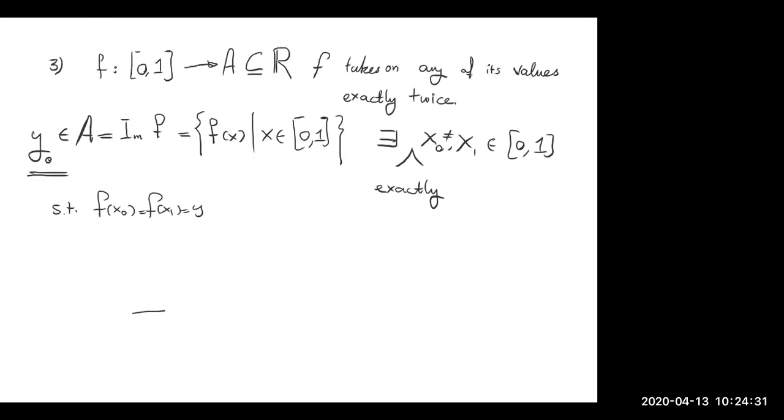So if I look at the graph of the function, if this is the interval 0 to 1, and this is the range of f, A. For any value y0 here, if I look at this line, there are exactly 2 times that the function cuts this line. So there are exactly 2 pre-images for y0.